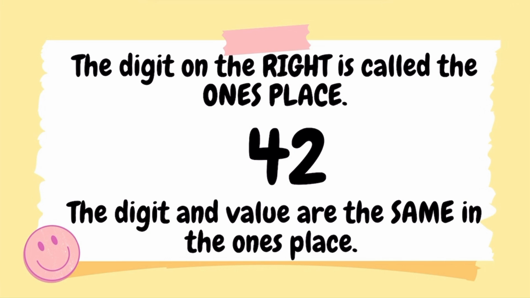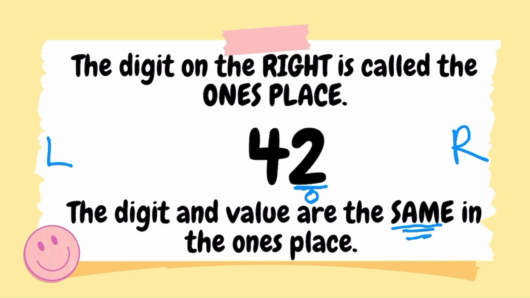Okay, let's talk about the places. The digit that is on the right, so here, this is the left side of the screen, that's the right. The digit that's on the far right is called the ones place. So in this number, the digit and the value are the same. This is the digit 2, and it's worth 2 in the ones place.